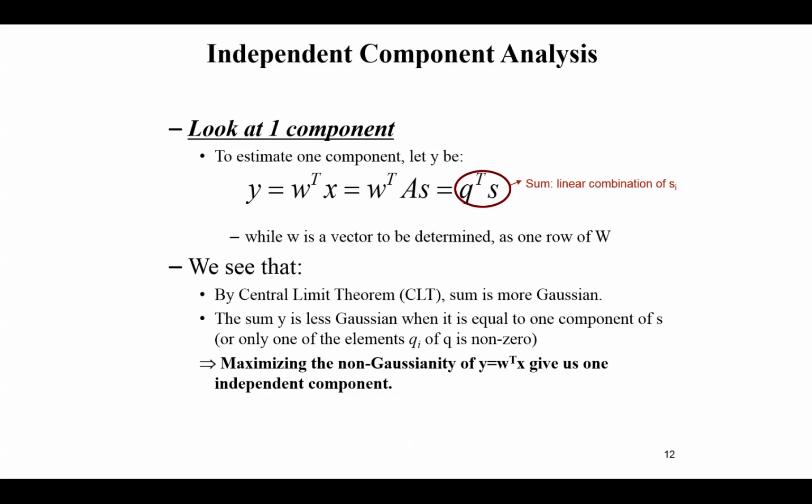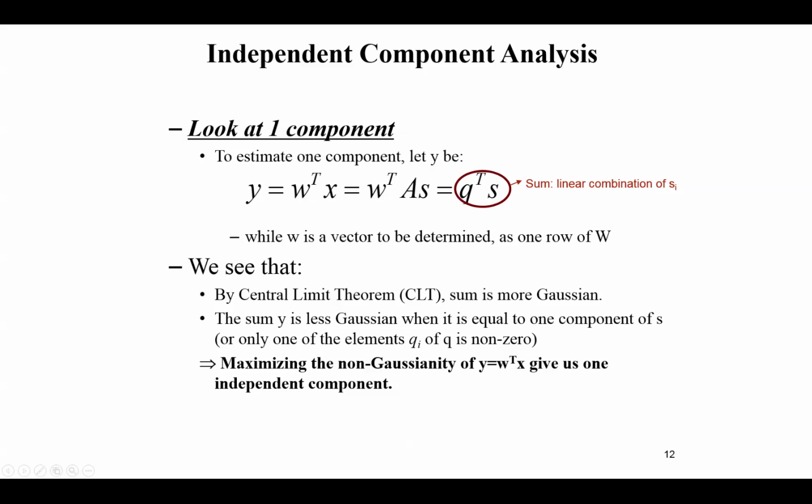and let Y be the product of W transpose and X, and X is actually the product of the mixing matrix A and the independent components in the vector S, you get this, and this is a linear combination of independent components Si.